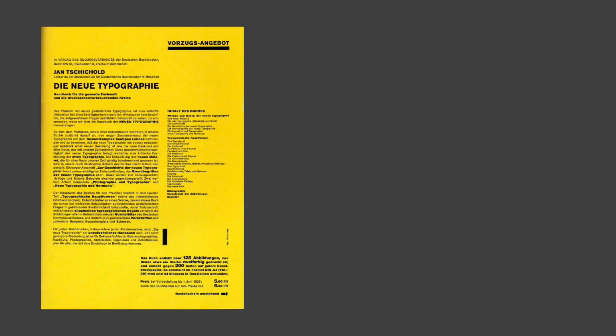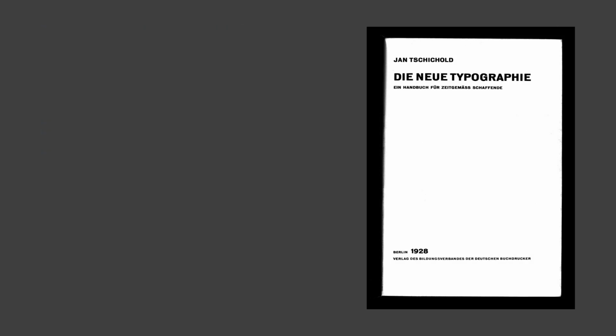Well, Tschichold, of course, took that term, the new typography, and here is his prospectus for the book that he had been preparing, which I suppose is one of the very earliest handbooks of typography in any language. The New Typography, 1928.